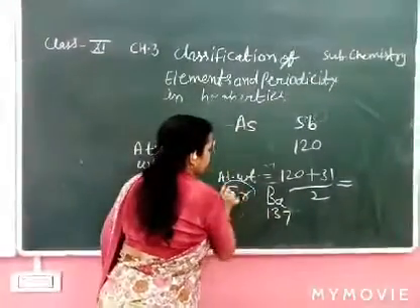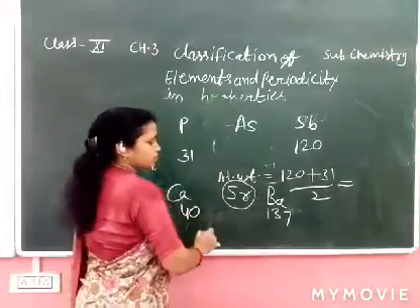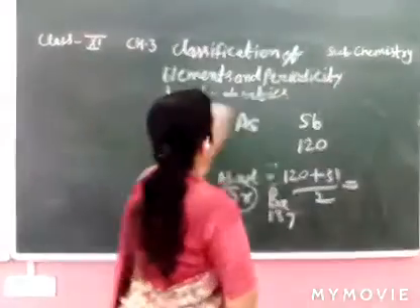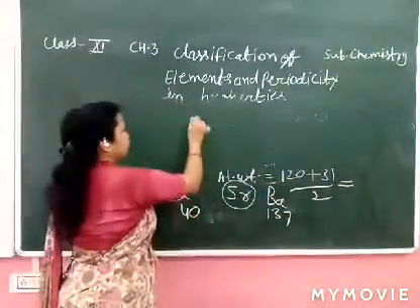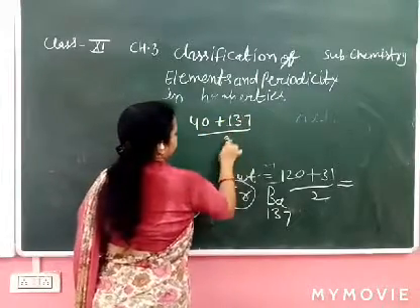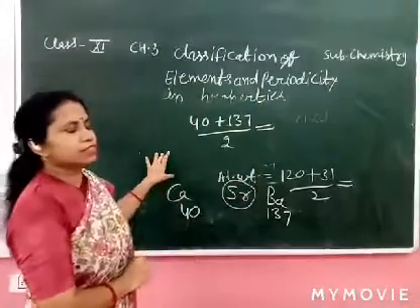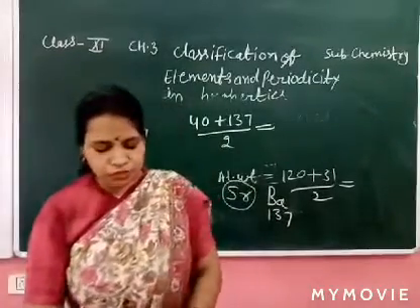Now calculate the weight of strontium. How to calculate? Again the process is the same. Calculate the arithmetic mean, the average value: 40 plus 137 divided by 2. Give the answer. Okay, now it's clear to all of you.